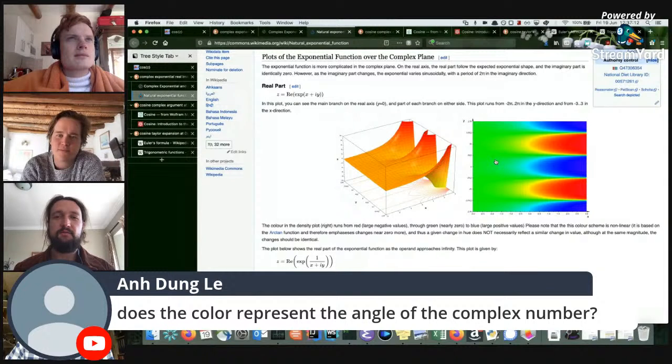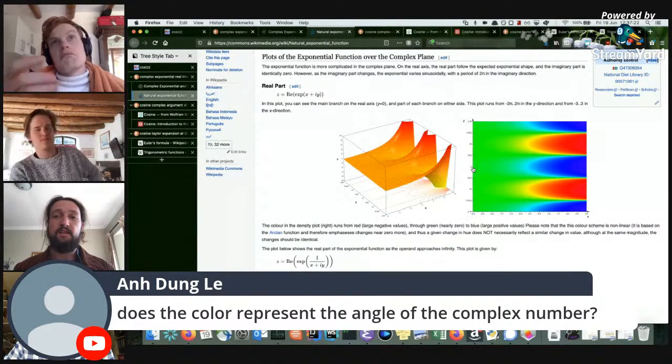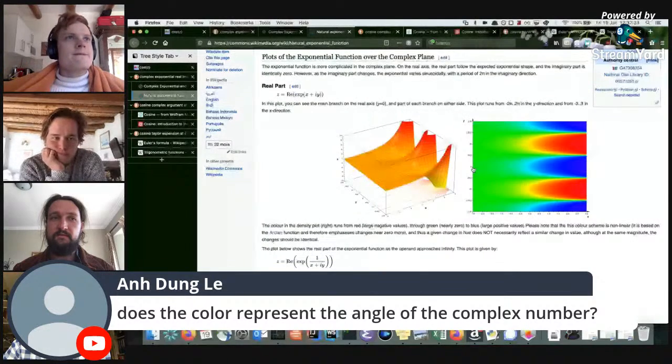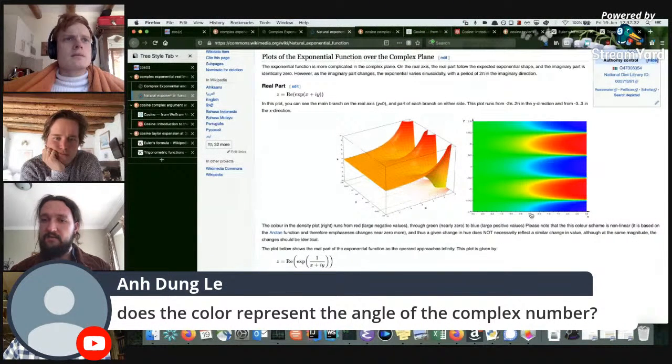So let's think about this. That means all this green bit, the angle is exactly the same for all these complex numbers, specifically for all the ones that lie on the y is equal to 0 line. So if we go x is equal to 0 and y is equal to 0, that's the complex 0.